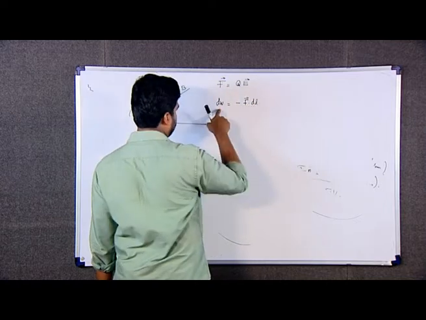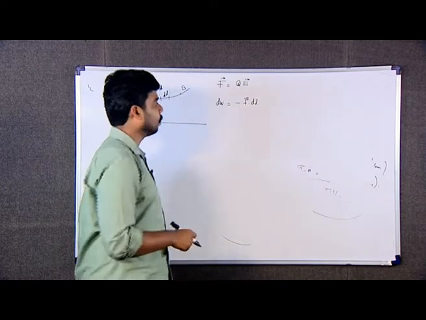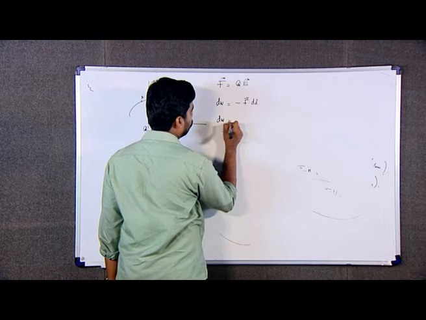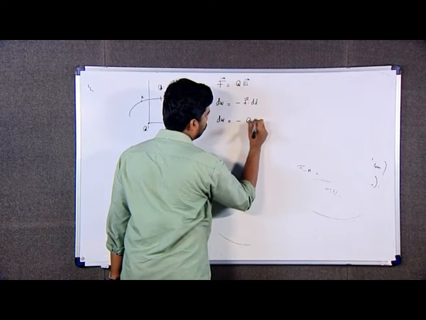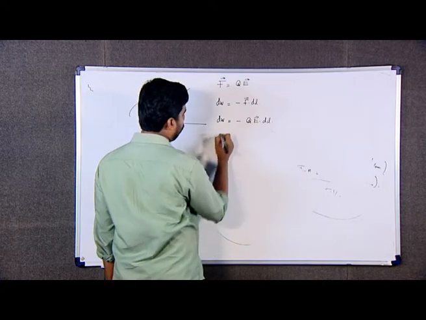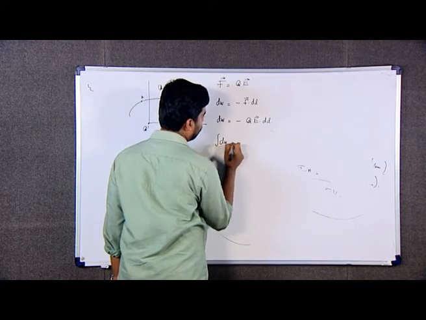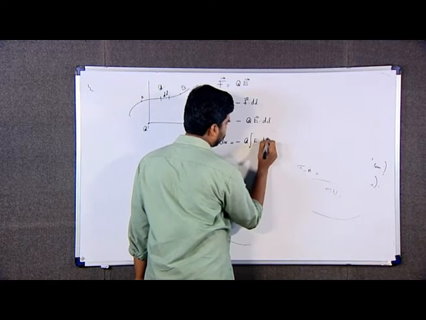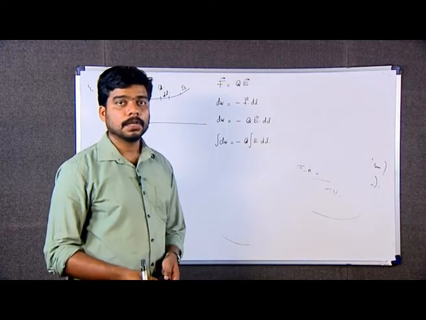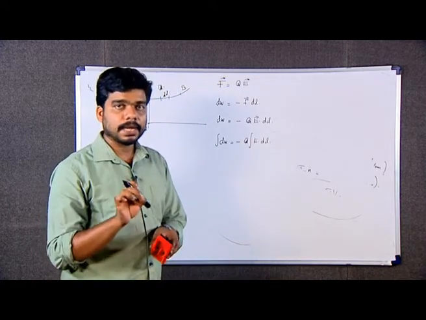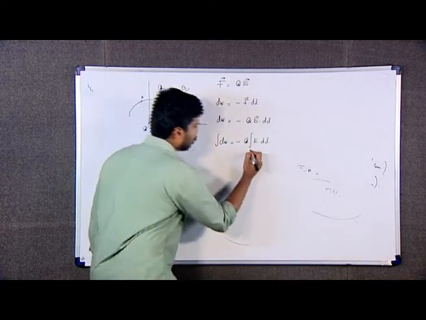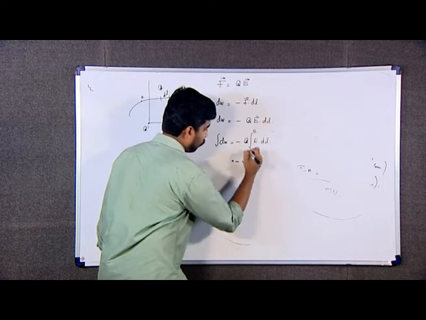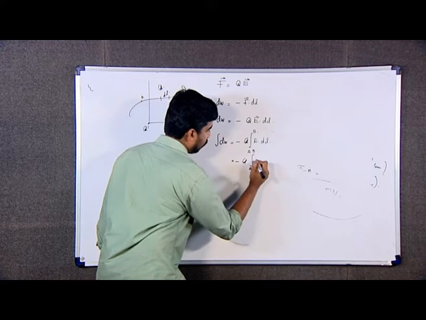Since I am doing the work against the field, I should put this negative sign. Substituting the value of F, dW is equal to minus of QE dot dl. So, the total work done is equal to integral dW, which is minus Q into integral E dot dl. If I want to move it from point A to point B, I should put the limit from point A to point B, which is equal to minus Q into integral A to B E dot dl.